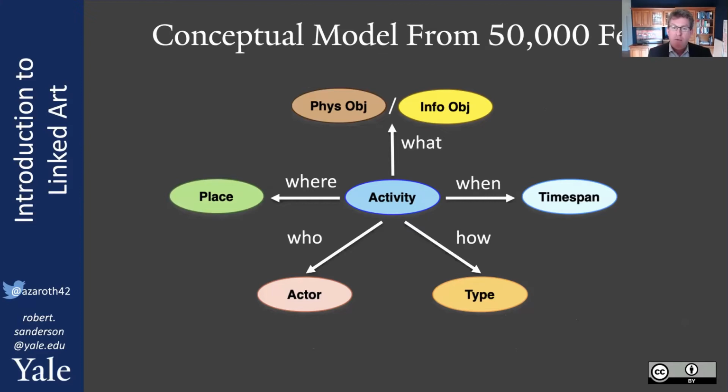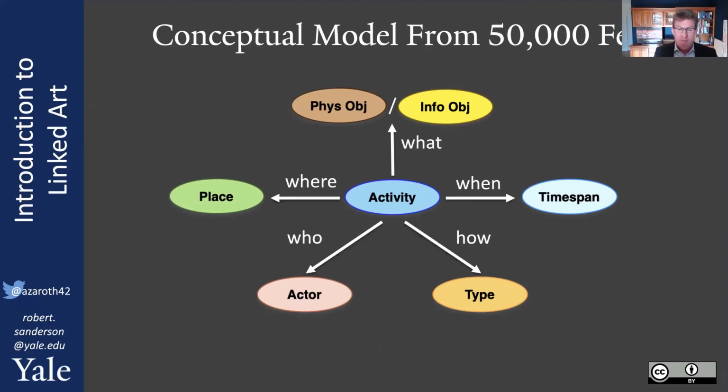They are about or they affect physical or information objects. So either things that you can, to use Stephen's example from the previous CRM workshop, throw through a window, or information objects that come from the product of human mental activity. These occur in time.